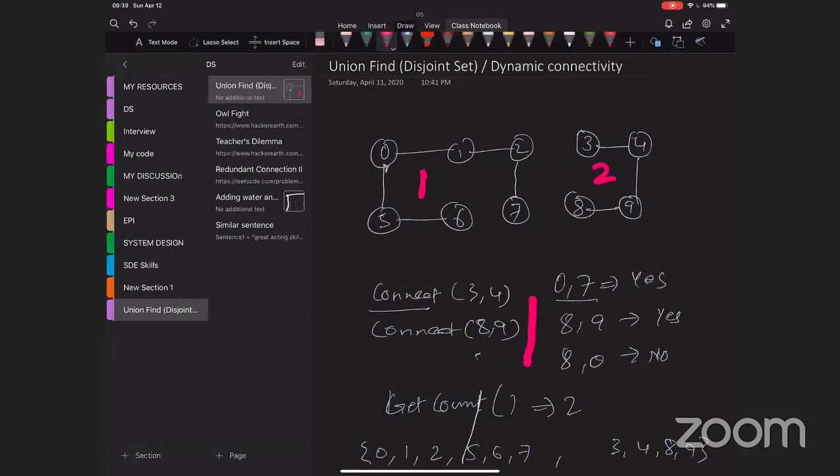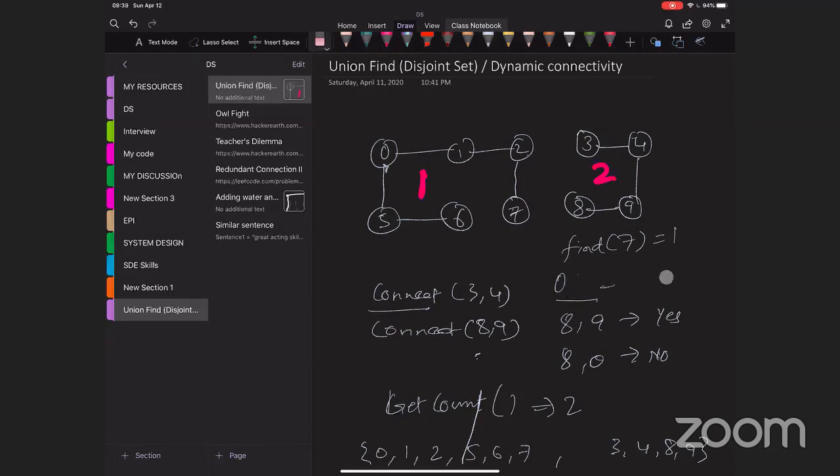Now, to answer whether 7 and 3 are connected or not, I'm going to say find 7, and that is going to return me 1.